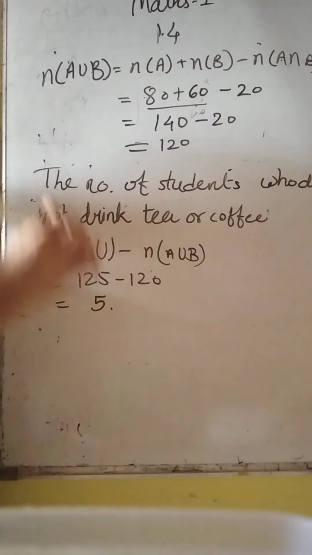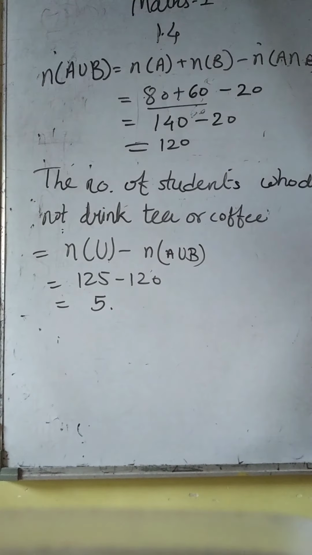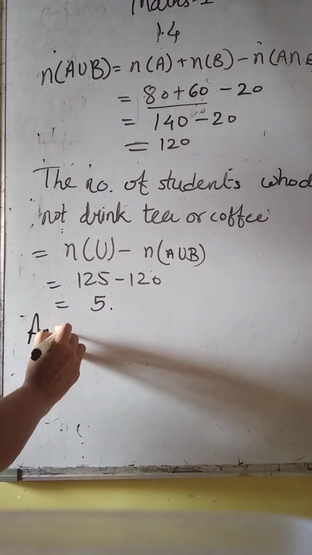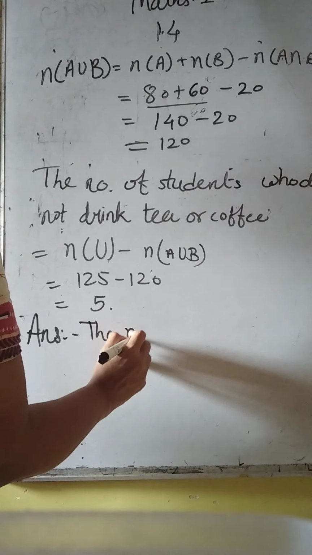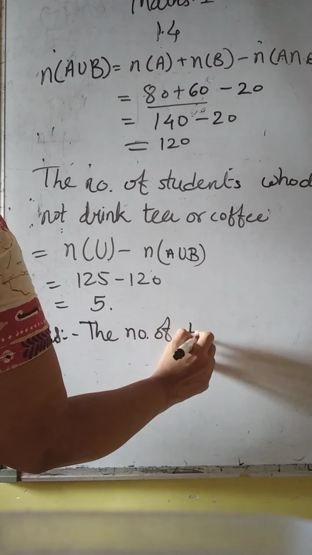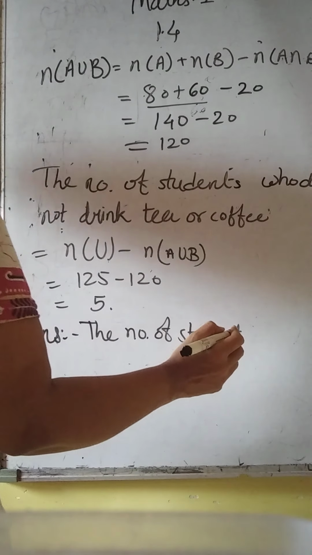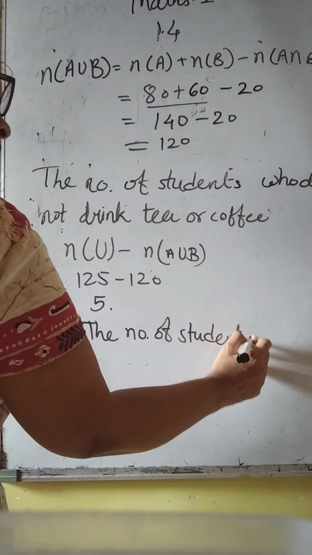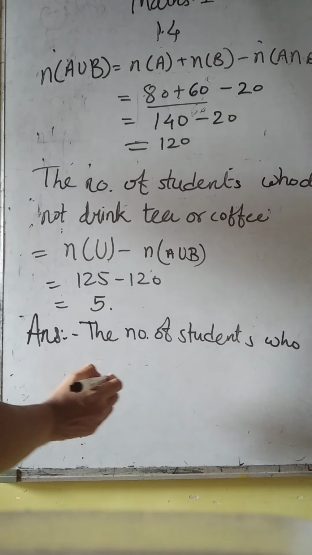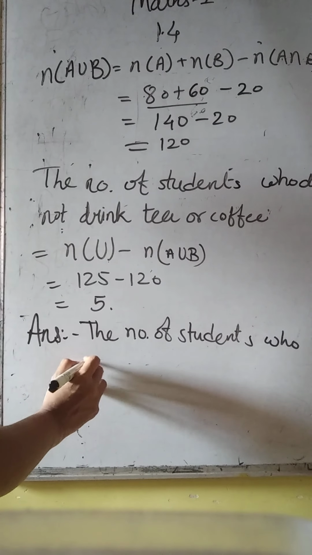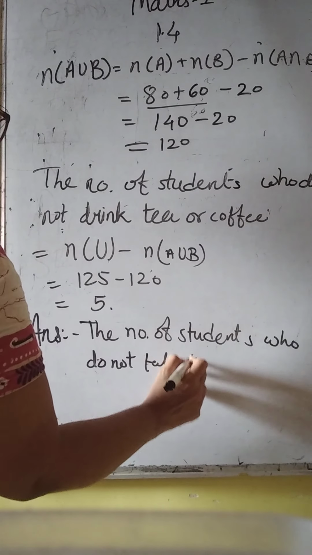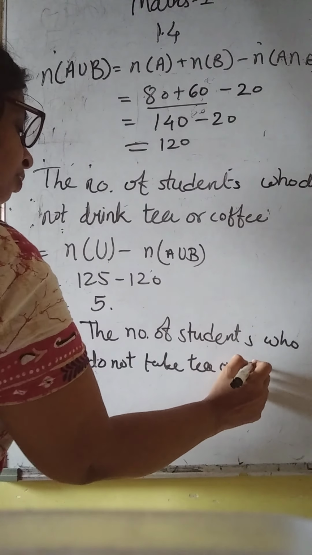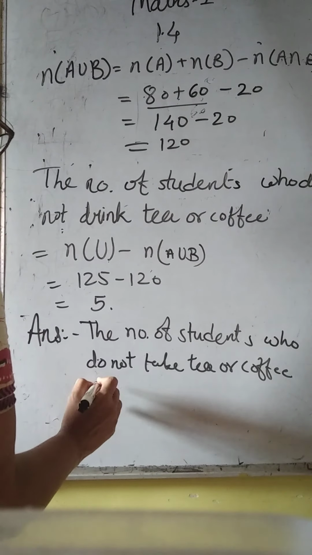Understood? So the answer to the sum is: the number of students who do not take tea or coffee are 5.